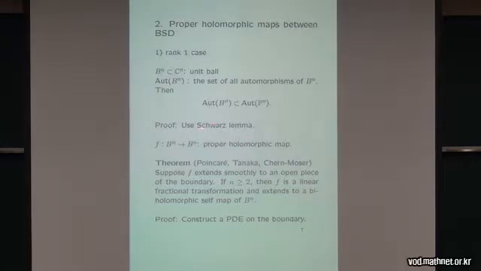Then we can see that only this fractional linear transformation can be an automorphism. Okay. Since we have some time, let me briefly show this proof, which is very easy.